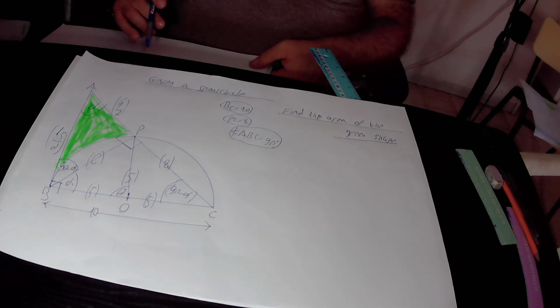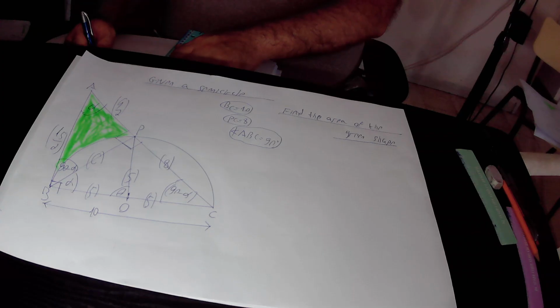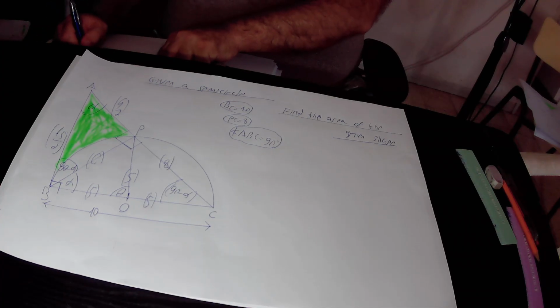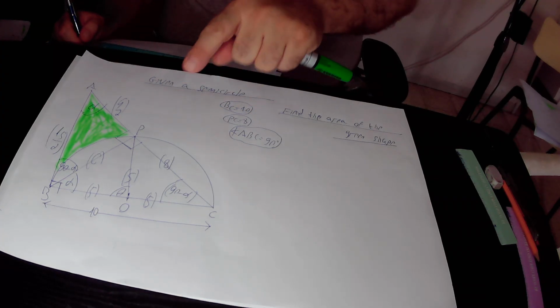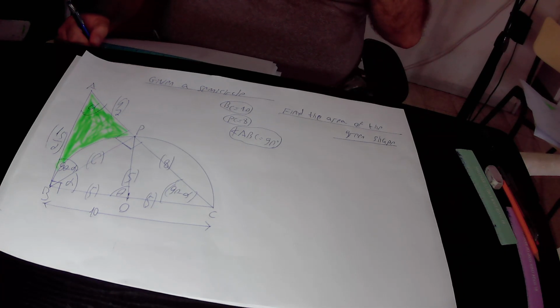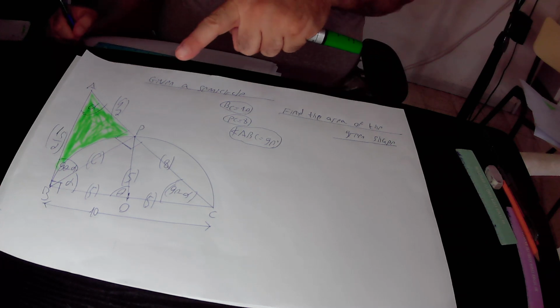So according to the law of cosines, in triangle POB, cosine theta equals 5 squared plus 5 squared minus 6 squared over 2 times 5 times 5.